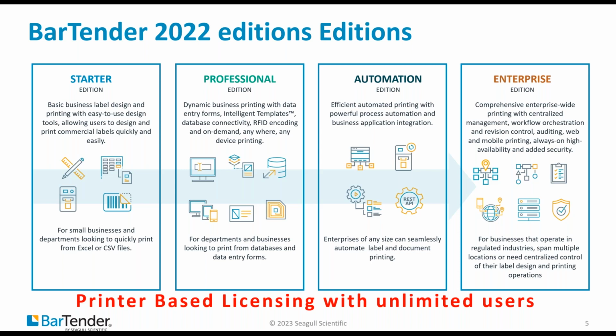And speaking of Automation, that's our integrating and automating label operation piece with existing or new systems like ERP, WMS, or MES systems. And finally, for our centralized management of multiple locations along with document management and workflow approval, this is where Enterprise Edition comes in. The Enterprise Edition also includes the highest level of security as well as high availability for mission critical operations, especially in regulated industries.